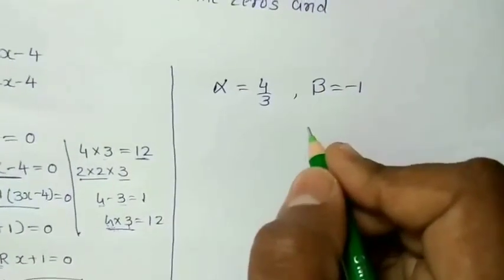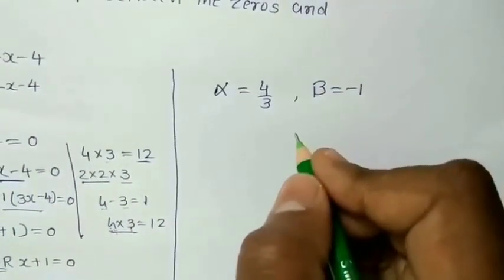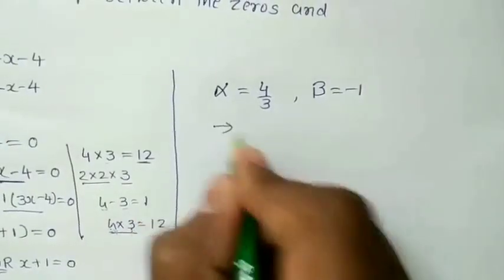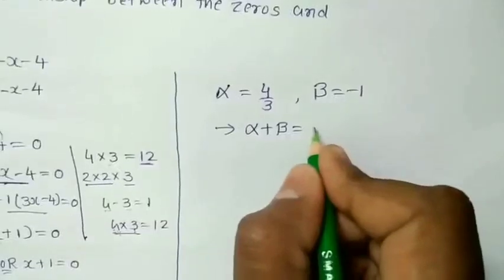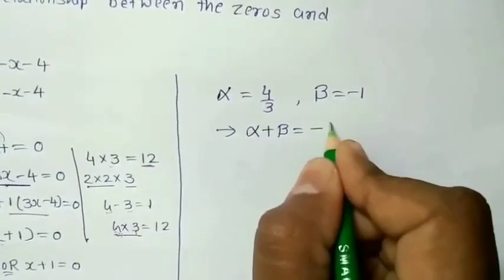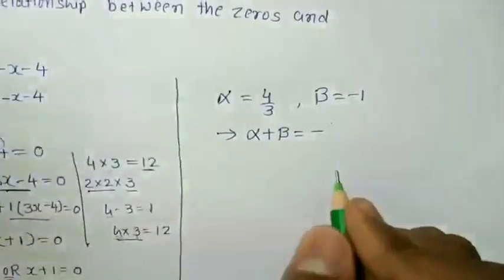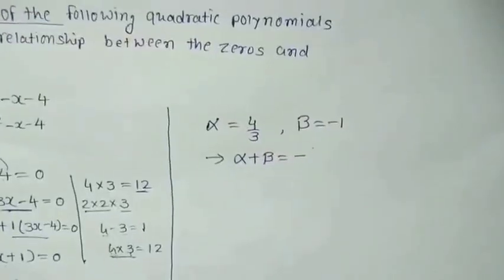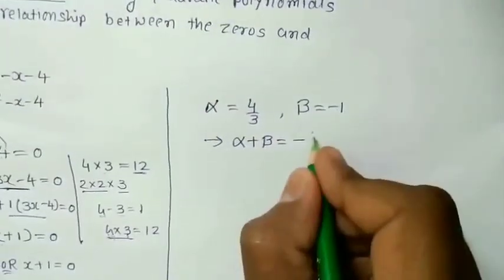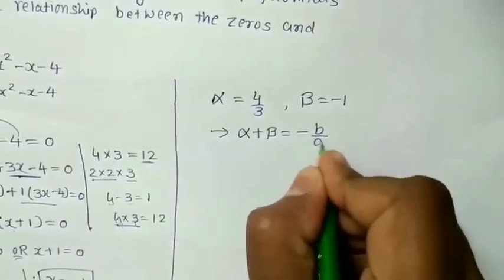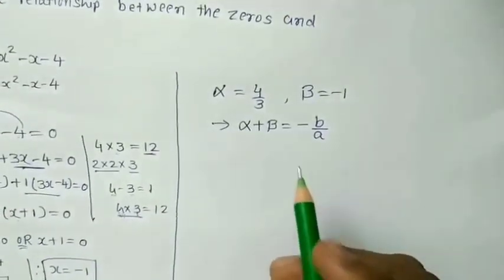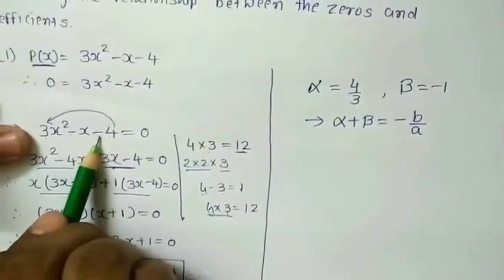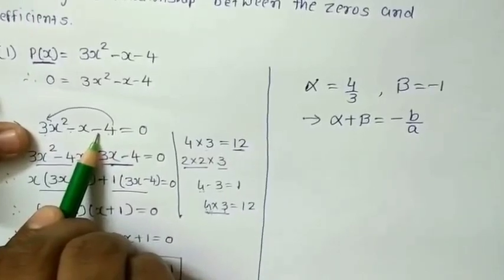Now we know the formula for the sum of the zeros of the polynomial. The formula is alpha plus beta is equal to minus b upon a. This is the formula. So first of all, we have to take this particular polynomial and compare it with its standard form.